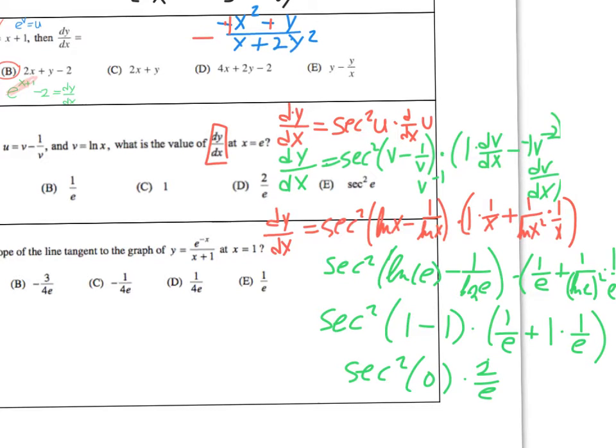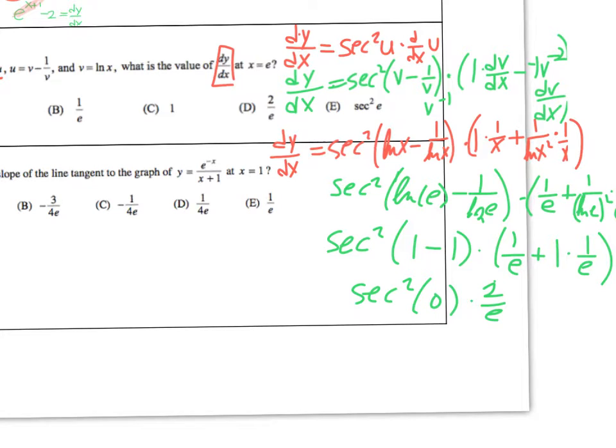And then finally, secant squared is 1 over cosine squared, and cosine squared of 0 is 1. So we get 1 times 2 over e, which is just 2 over e. That seems like a lot of work for kind of a simple answer.